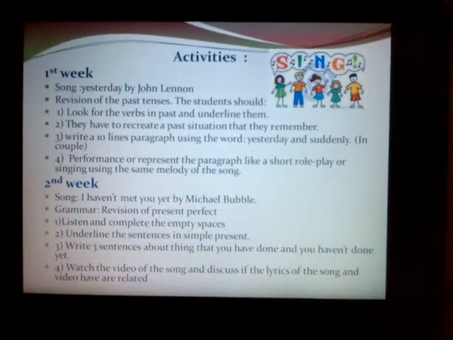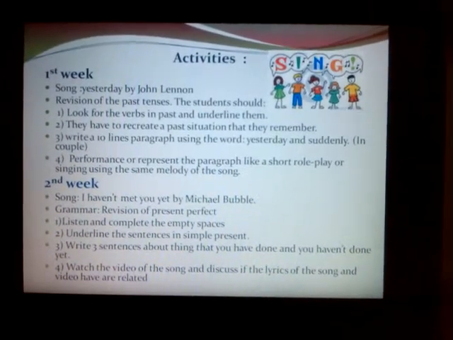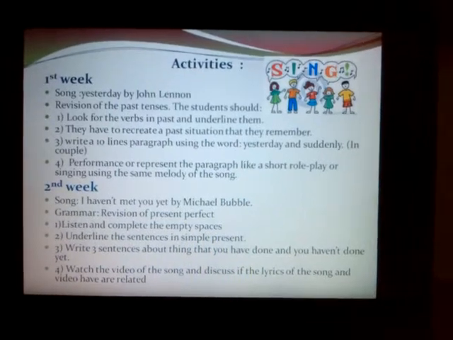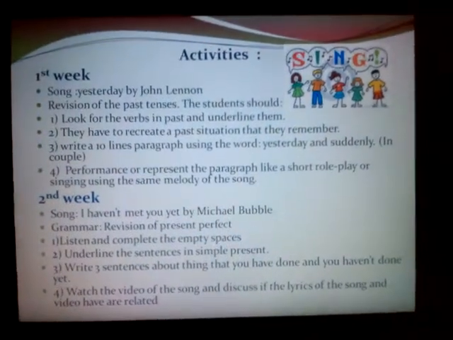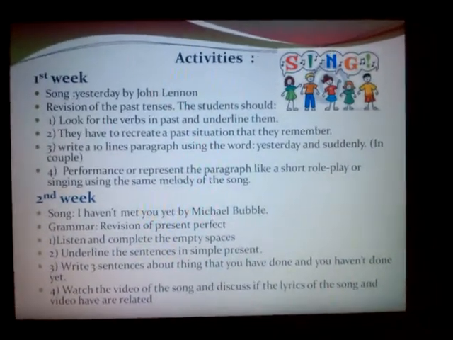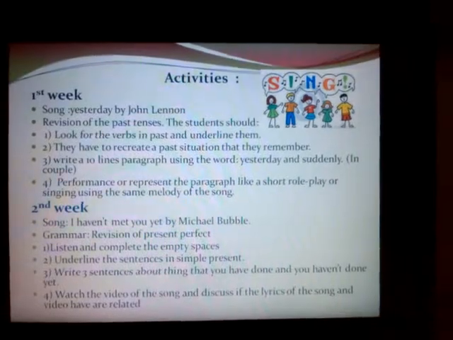Okay, in that case, we're going to teach them the use of yet and the use of present perfect, positive and negative as well. Okay. Now, watch the video of the song and discuss the lyrics of the song. We're going to analyze if they are related or not.